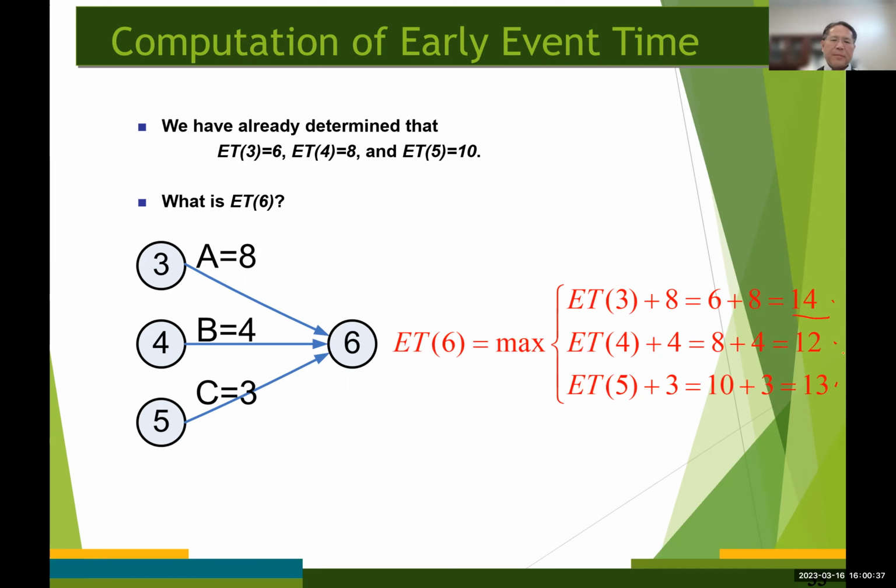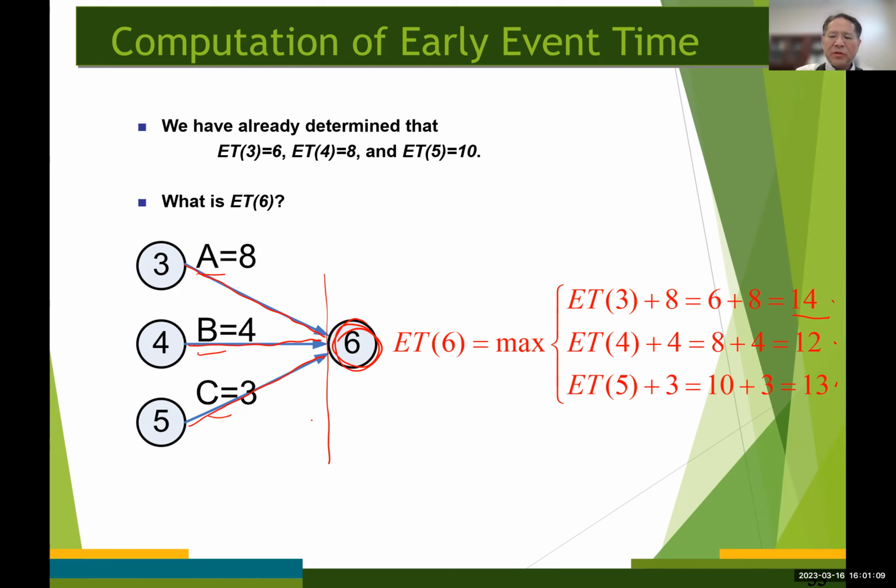Okay, and we observe that the earliest time that node number 6 can occur is when all of these three activities corresponding to arcs 3-6, 4-6, and 5-6 have been completed, right? Because node number 6 represents the event that all of the activities A, B, and C are completed, right?